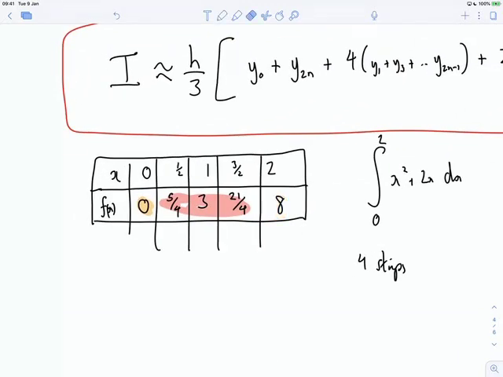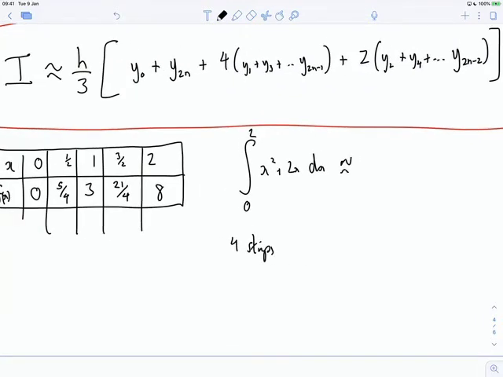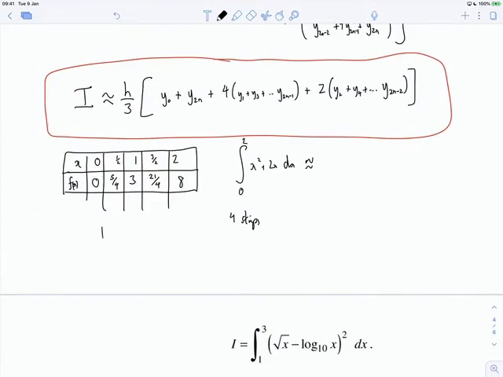So let's remind ourselves what's going on here. So this is going to be approximately h. Well, h is the step we're going up in, and because it's going from 0 to a half in the x and half to 1, 1 to 3 halves and 1 to 2, that width of x is a half. So it's going to be a half divided by 3, because it's h over 3. And then it's the first y value, which is 0, plus the last y value, which is 8, plus 4 lots of the odd y values.